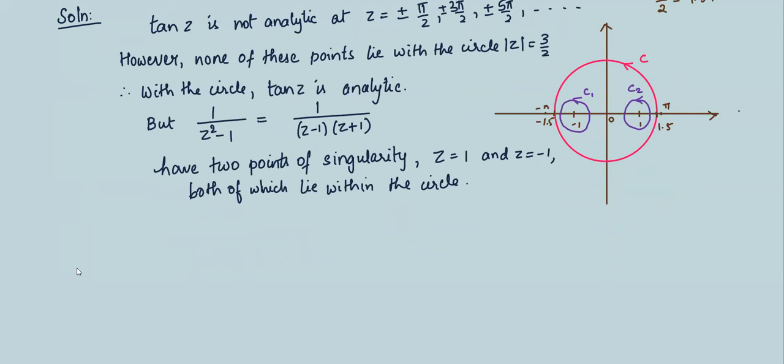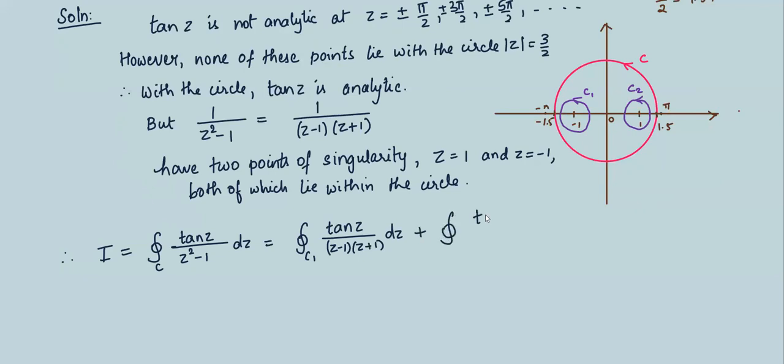So therefore we get, by Cauchy's integral formula for multiply connected domain, integral tan z by z square minus 1 dz is integral C1 tan z by (z minus 1) into (z plus 1) plus C2.